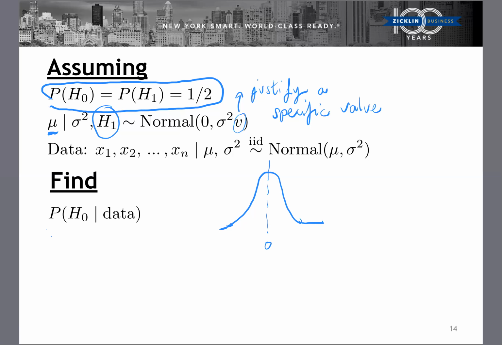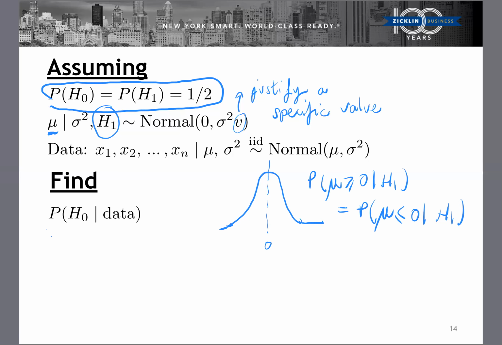But the reason that we're centering at 0 is that under the alternative, we don't want to favor deviations from the null that are positive more than deviations from the null that are negative. This is tantamount to saying that the probability that mu is greater than 0 under the alternative is equal to the probability that mu is less than 0 under the alternative.